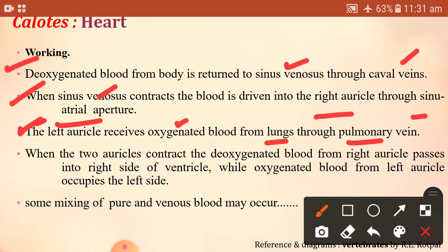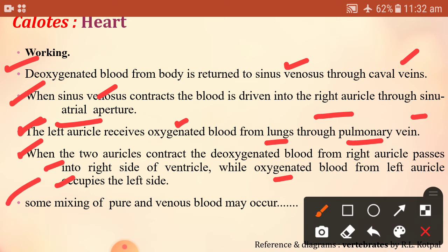When the two auricles contract simultaneously, the deoxygenated blood from the right auricle passes into the right side of the ventricle, while oxygenated blood from the left auricle goes towards the left side of the ventricle.